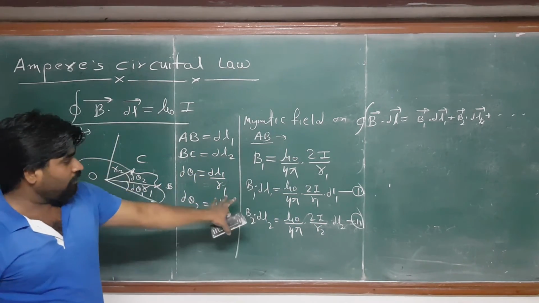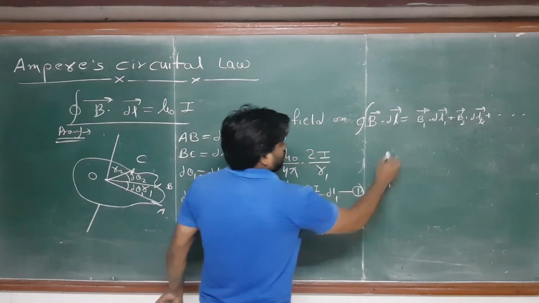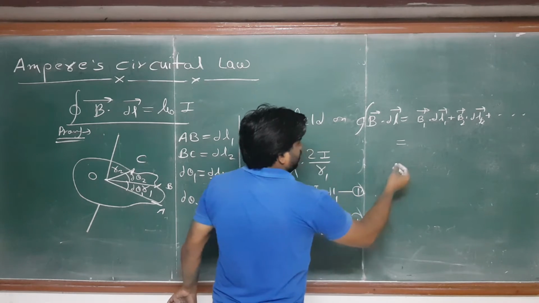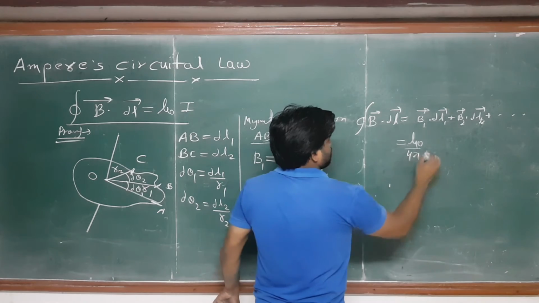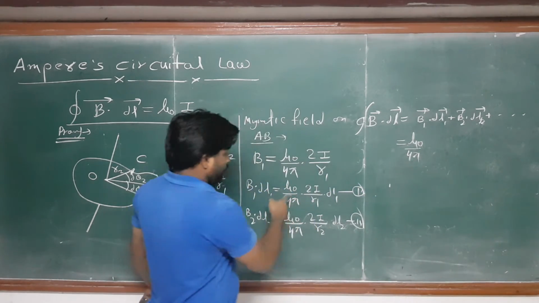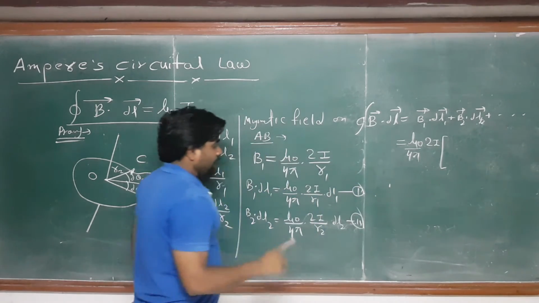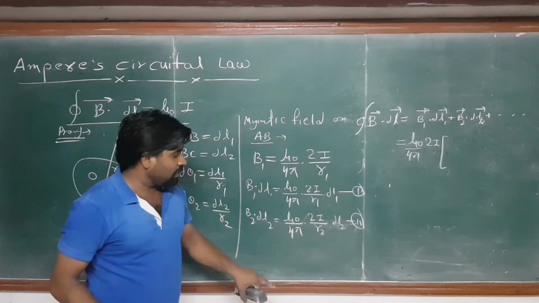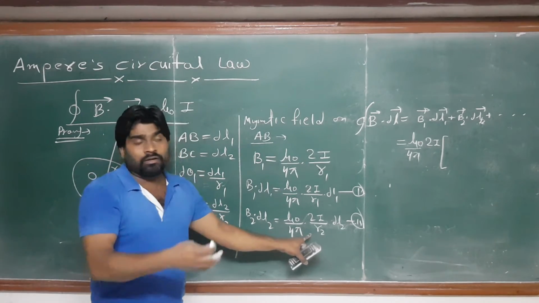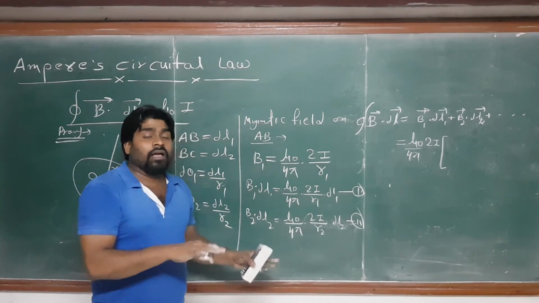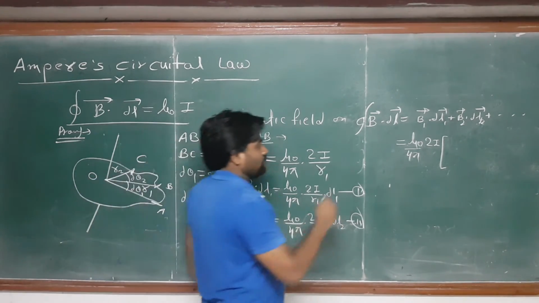Now apply the formula for B1 dot dl1 and B2 dot dl2. So this is equal to, I am writing, mu naught by 4 pi is common. 2I is also common here. Only dl1 by R1 is left, and dl2 by R2 is left. And for the next, if you are taking the third, then dl3 by R3, and so on, left inside the bracket.